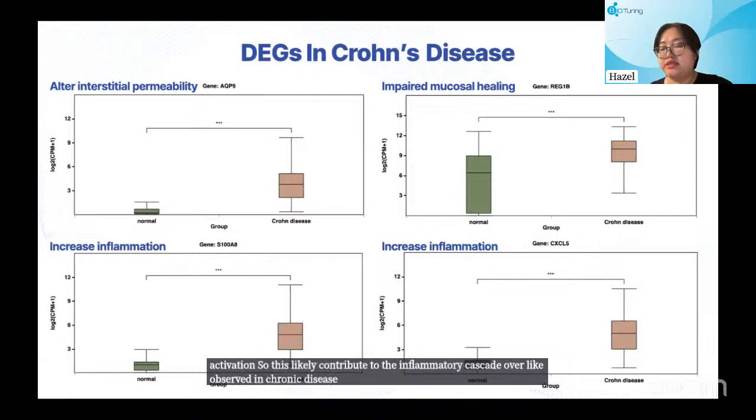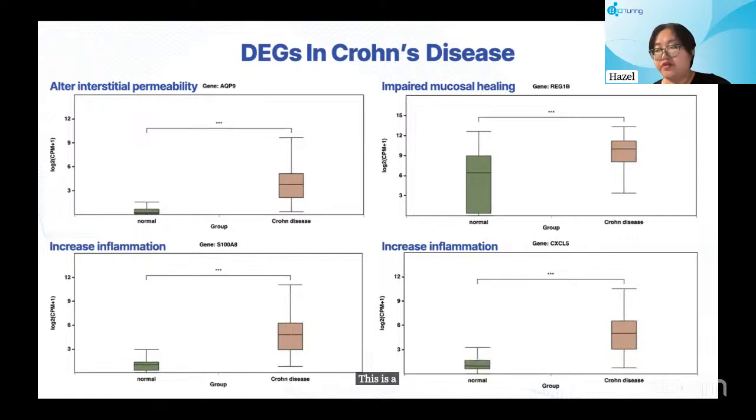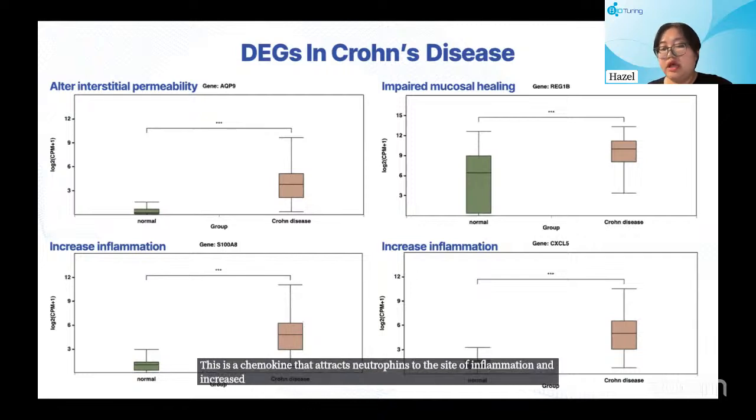CXCL5 is a chemokine that attracts neutrophils to the site of inflammation, and increased levels of this gene likely contribute to the recruitment of neutrophils to the gut mucosa, where they release inflammatory mediators and further exacerbate the inflammation.